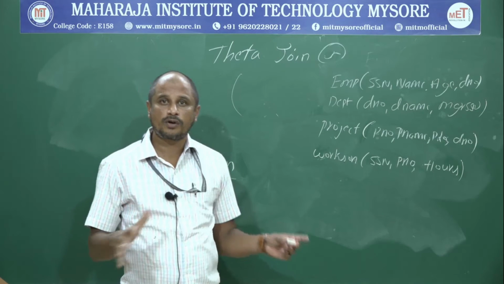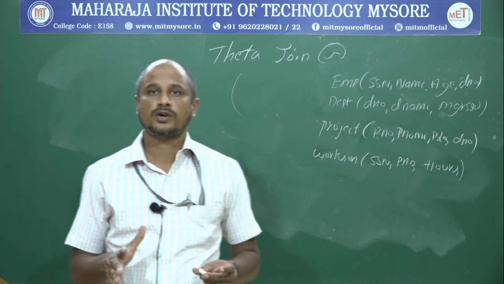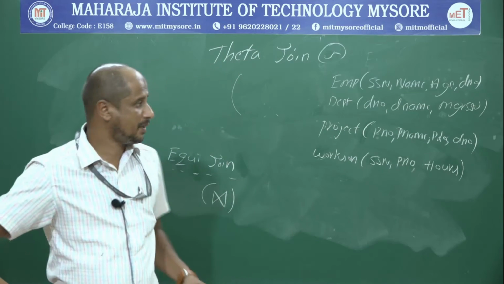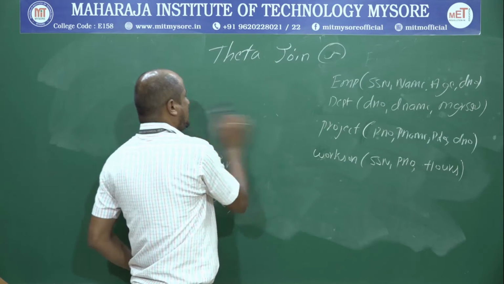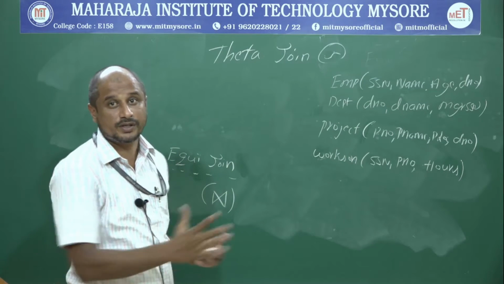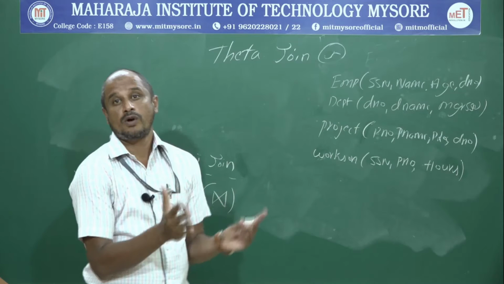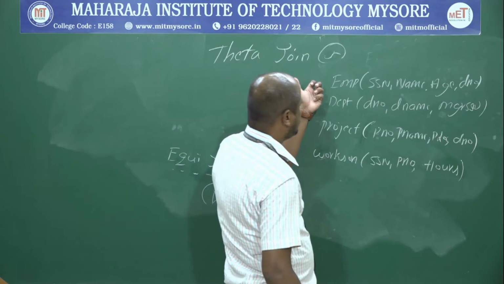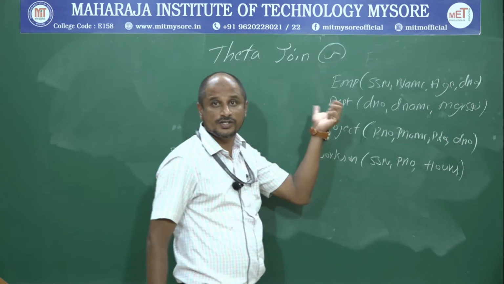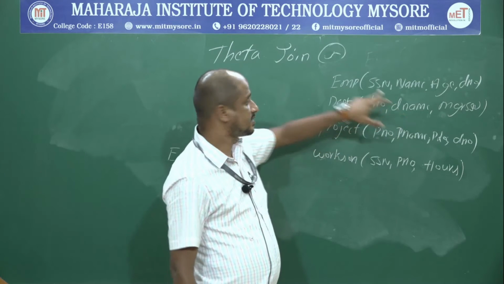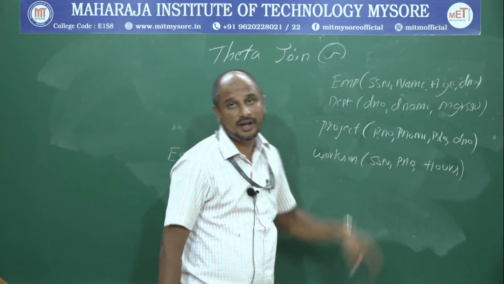So my question is, I want to retrieve the employee names who work for the IS department. Hope you understand my question. The condition is the IS department, so you require two tables, employee and department.